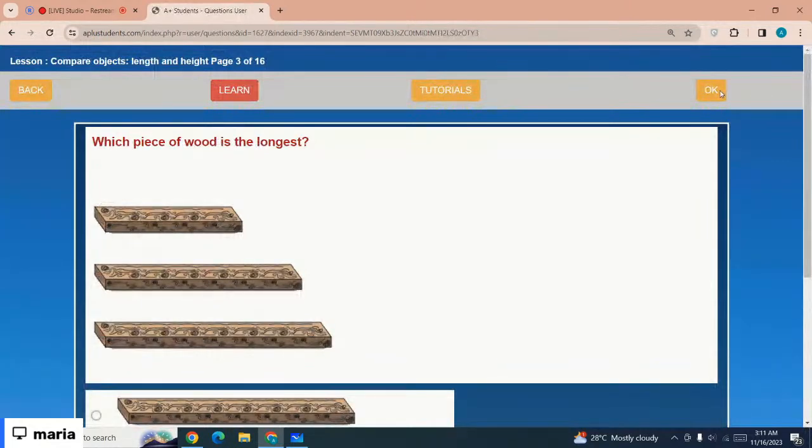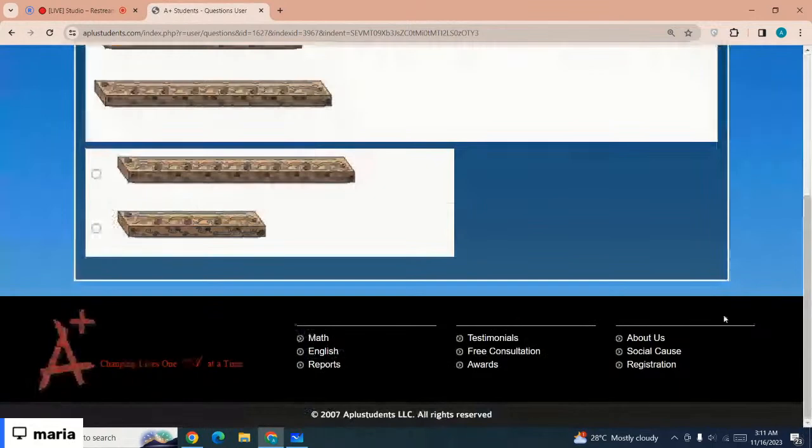Okay, which piece of wood is the longest one? Which is the correct option, one or two? The correct option is option number 1.